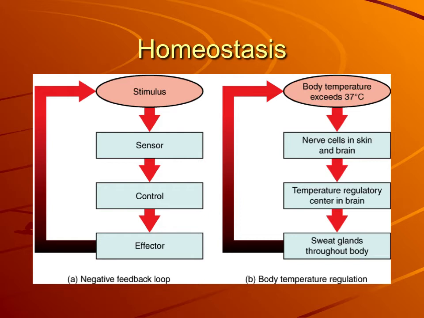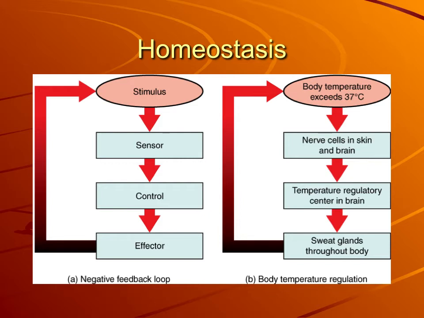The sensor alerts the control system, and the control system activates an effector to work against that change in temperature, or change in fluids or change in salts or sugars. And so it works to restore that normal range of conditions.